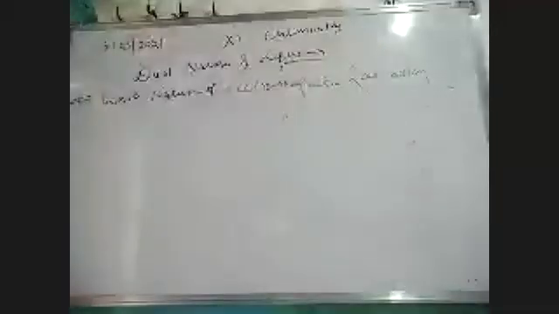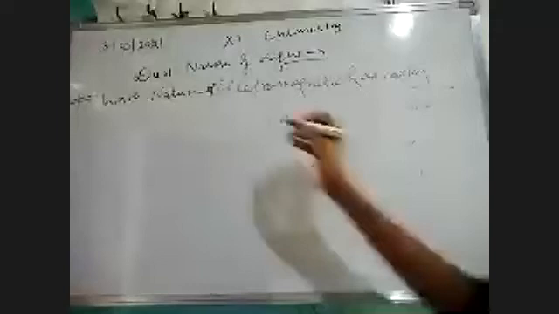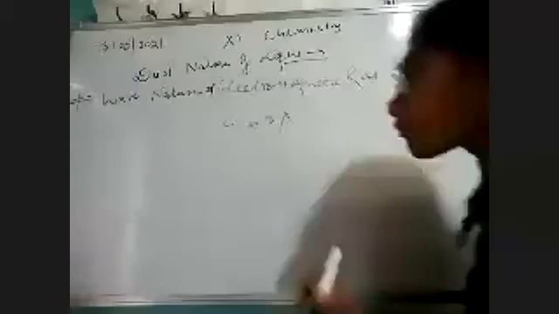So we have this relation: c equals nu lambda. Now, what is c, what is nu, and what is lambda? The c here is known as the speed of light.